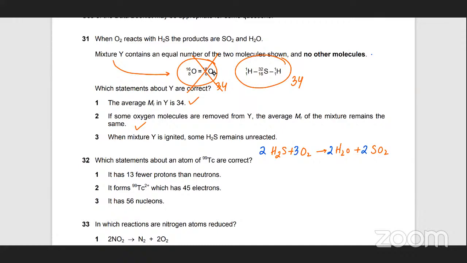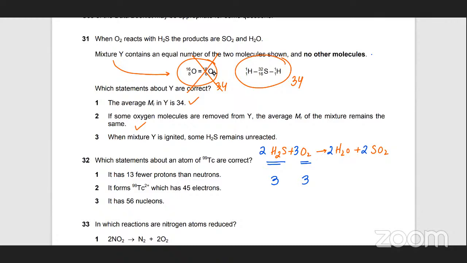So the question is, when the mixture is ignited, remember the mixture has equal number of moles of H2S and O2, but in the equation they're reacting in 2:3. So if I have 3 molecules of O2 and 3 molecules of H2S, which one is in excess according to the equation?